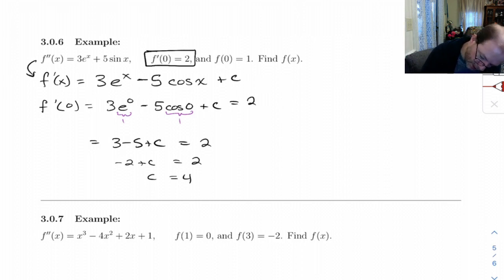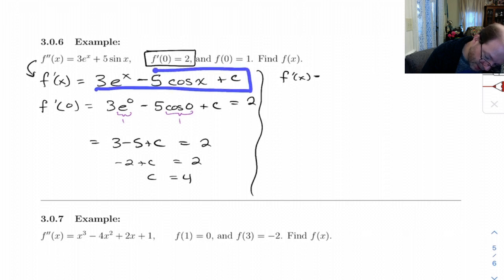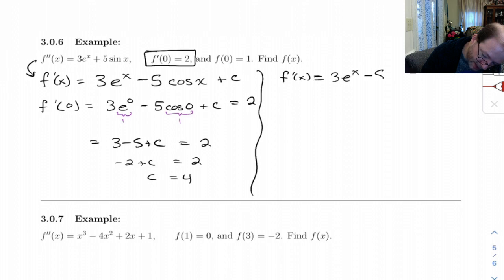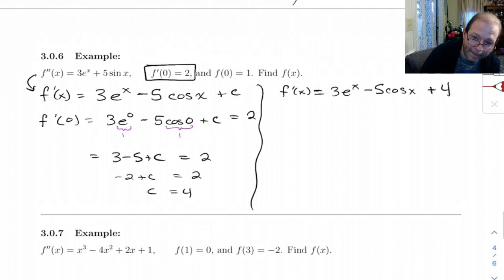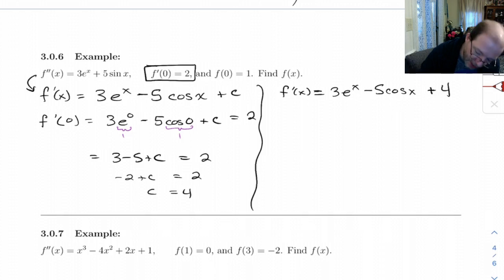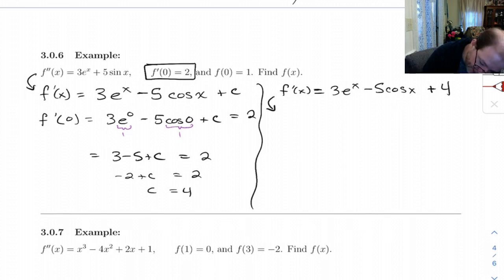So what I've got here is f prime of x, basically I'm copying this over but replacing the c with 4. So this is equal to 3e to the x minus 5 cosine x plus 4. All right, now I've got to do the antiderivative of that to get f.